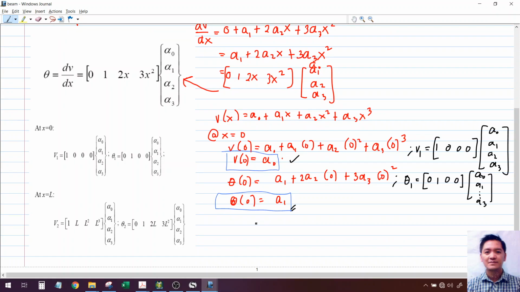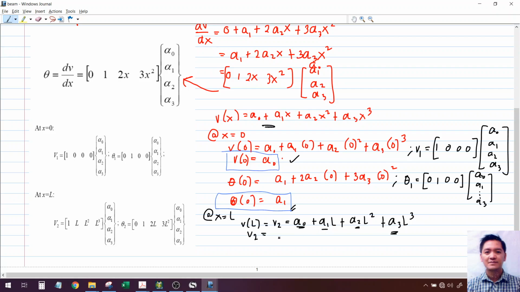How about at x equals L? At x equals L, so V of L, or simply V2, is equal to, ito ulit ang gagamitin natin, alpha naught plus alpha 1L plus alpha 2L squared plus alpha 3L cubed. Okay, extract natin itong mga alpha or the unknown constants.